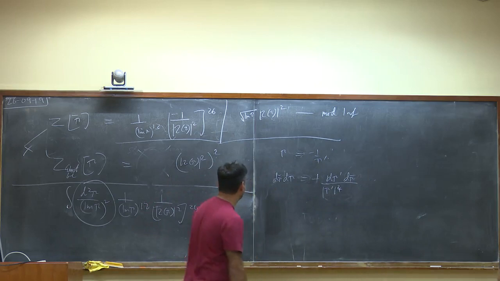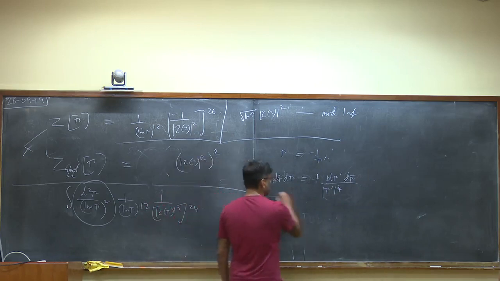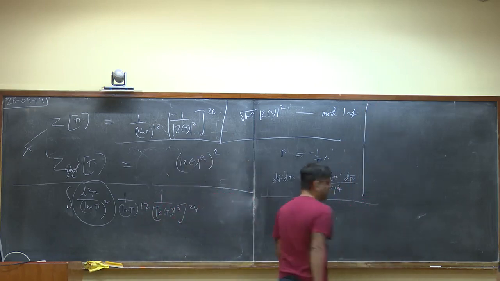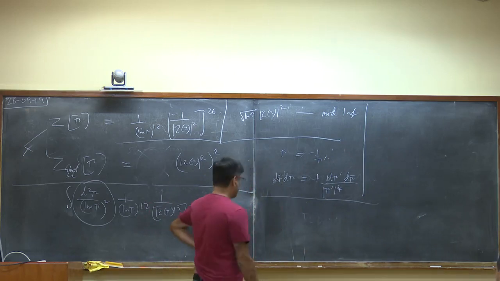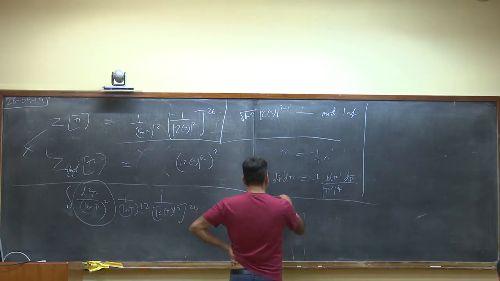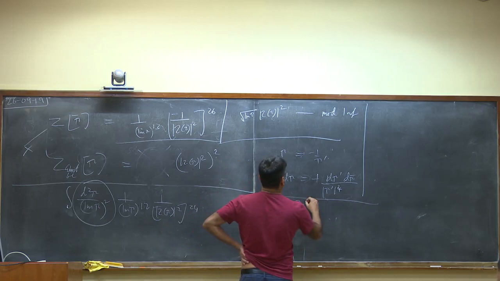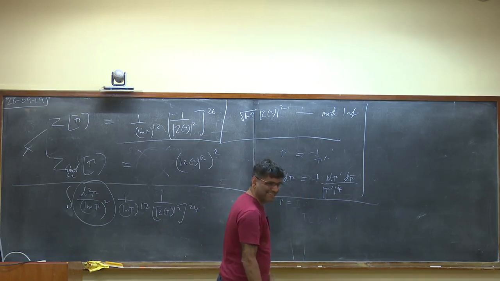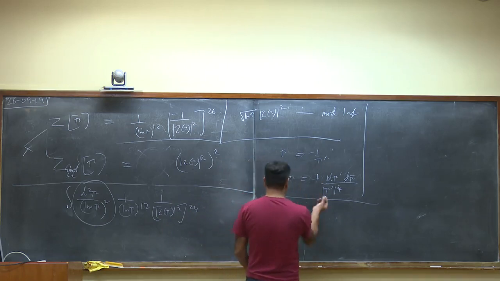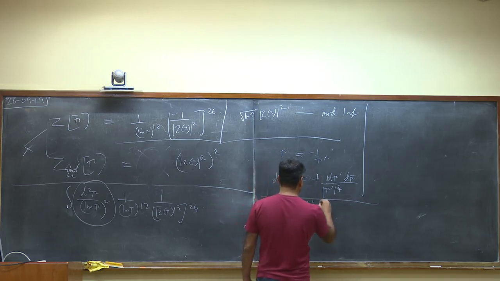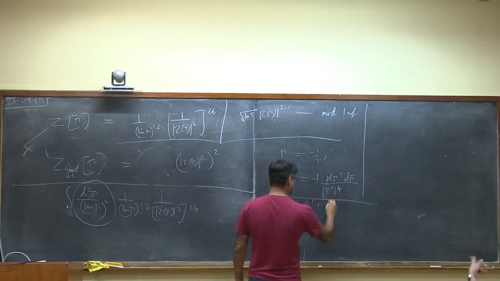On the other hand, let's look at how Im tau scales. Suppose tau was equal to tau 1 plus i tau 2, and tau prime is tau 1 prime plus i tau 2 prime. That will cancel all of this.